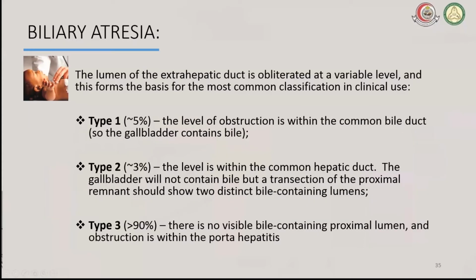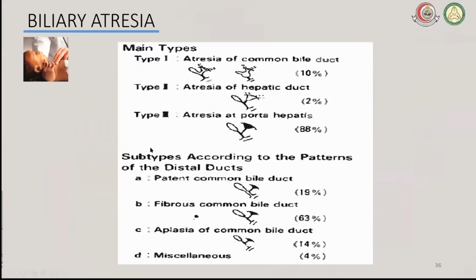The classification, we have three types, which I will show you in the diagrams later. These are the three types, whether it is distal or proximal, and this is the correctable type, which is rare, while the commonest is the non-correctable type, which was in the previous classification.